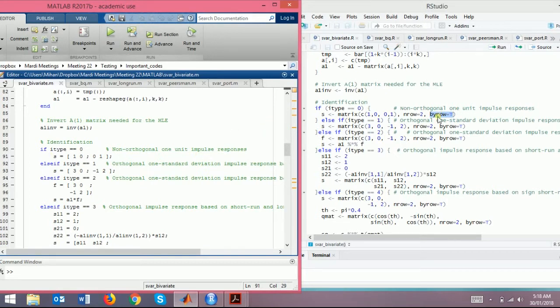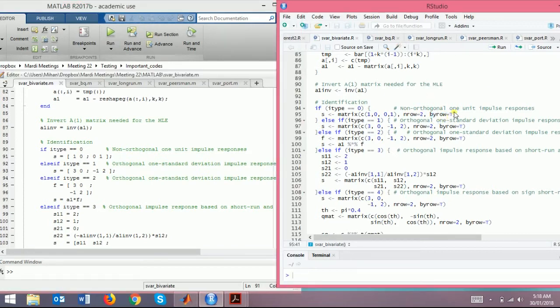We can create a matrix by taking elements from columns. If we set by row false, then elements will be taken from the columns, but we are setting the matrix to be created by row. So for 1001, if we had taken columns, it would probably have been different. Instead of 1 0, we could have 1 0 and then 0 1, like that. But we are creating 1001, taking elements and placing them in rows, number of rows 2 and by row is true.